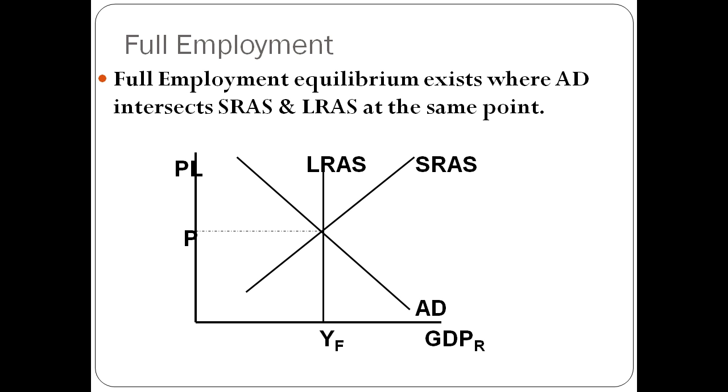It's important to remember what will shift aggregate demand, short run aggregate supply, and long run aggregate supply, so let's review. Aggregate demand can be changed by a change in consumption, gross private investment, net exports, and government spending. Those are the things that move aggregate demand, and they're also the components of gross domestic product. Short run aggregate supply gets shifted by changes in input costs, regulation, taxes, and subsidies, which are part of what's called the legal institutional environment, and short-term productivity gains.